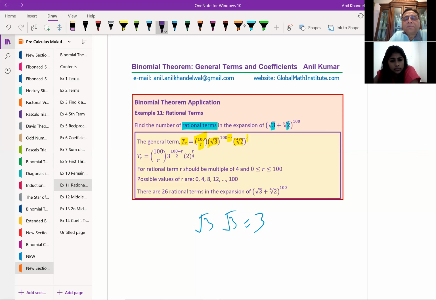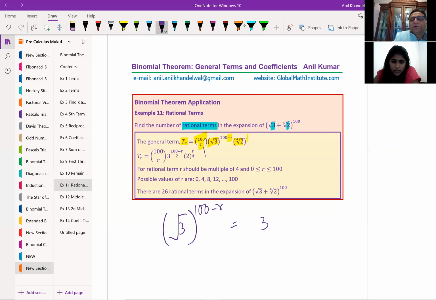So from here, if we want to simplify, we know this is rational, right? 100 CR is always rational. No problem with that part. But square root 3 to the power of 100 minus R could be written as 3 to the power of 100 minus R divided by 2, correct?